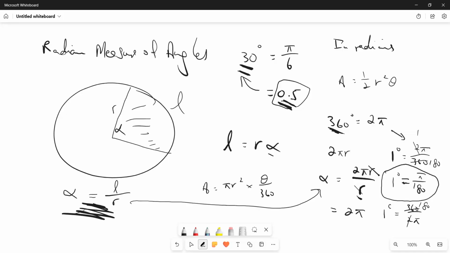This is another conversion factor. If you want to convert, let's say, 30 degrees, you just multiply it by pi over 180. You want 60 degrees, you multiply that by pi over 180.